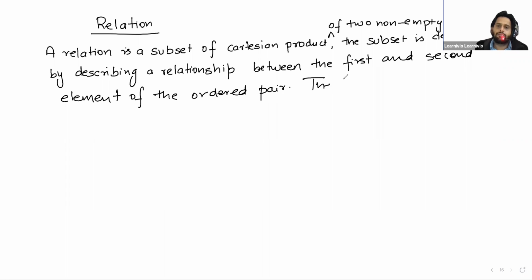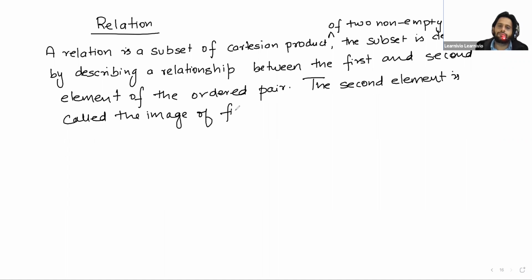The second element is called the image of first element. Okay, so we will take an example to better understand the definition.